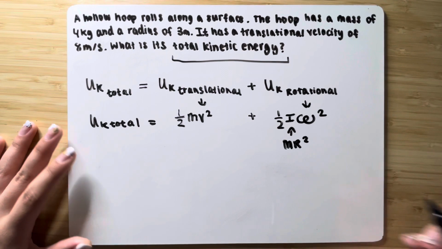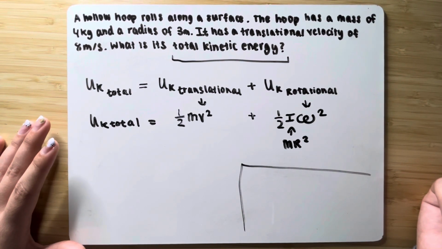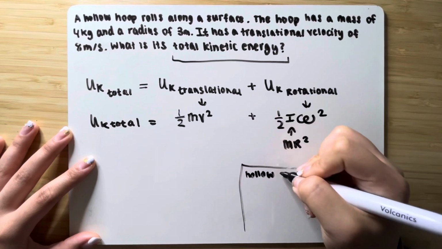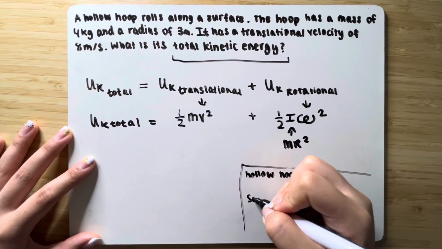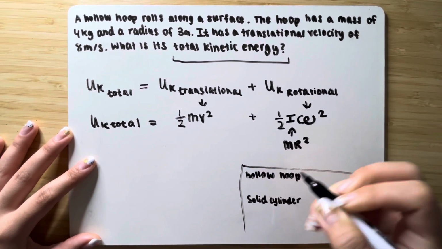But side note, on questions like these, there are three shapes you'll be working with. You'll be working with a hollow hoop, a solid cylinder, and a sphere.